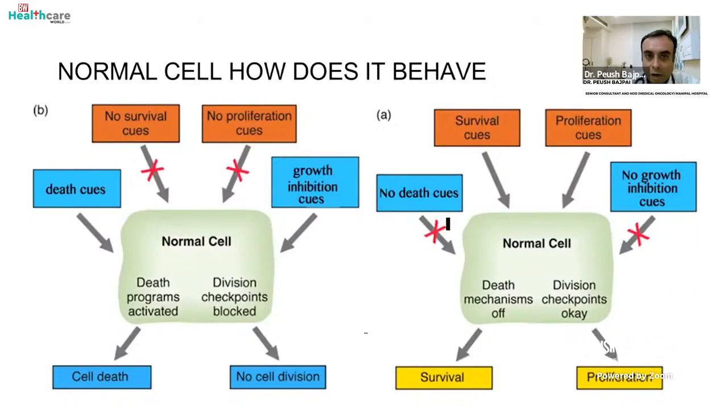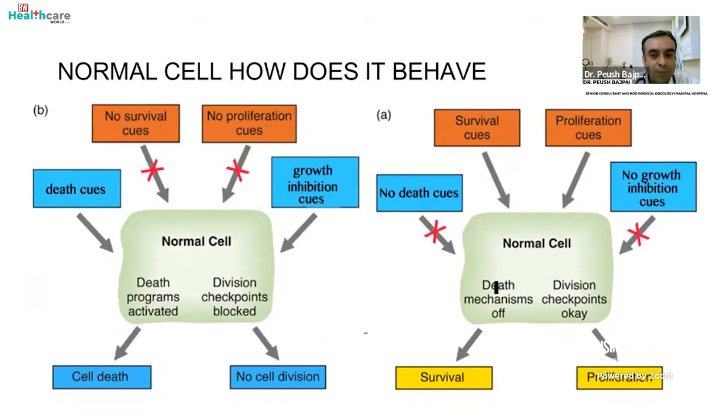Now, again, how does this all happen? We see that the normal cell would have the death cues and growth inhibition cues, on the basis of which cell death happens or no cell division happens.